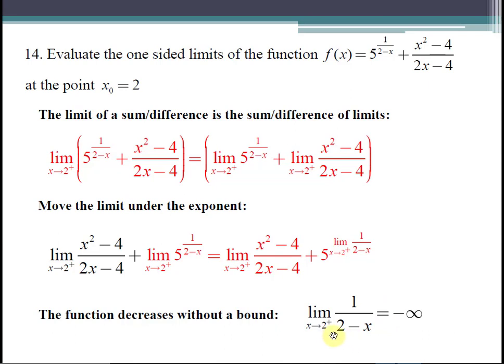For example, this is not a precise example, but to explain easily. So, for example, 2.1 or 2.0001. This is nearest to 2 from the right side. It means 2 plus. Right neighborhood of 2. And here we have a value which is greater than 2. That's why it goes to minus infinity.